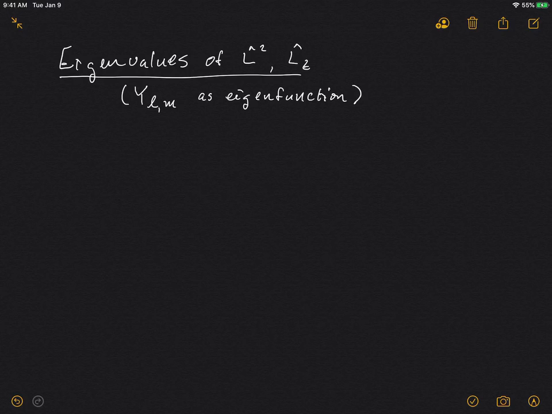We could actually take our Lx, Ly, and Lz operators in spherical polar coordinates, square them, add them together to get an L squared operator, and then act that operator on our wave functions. That would be one approach. There's a shortcut that we can take.